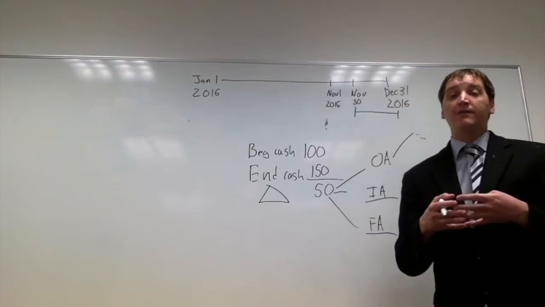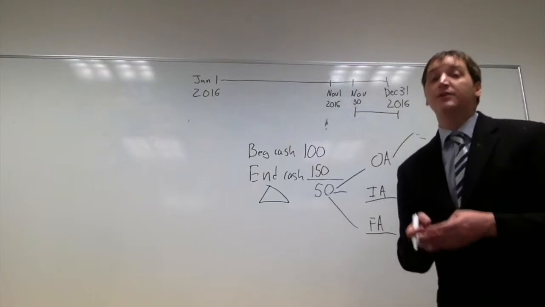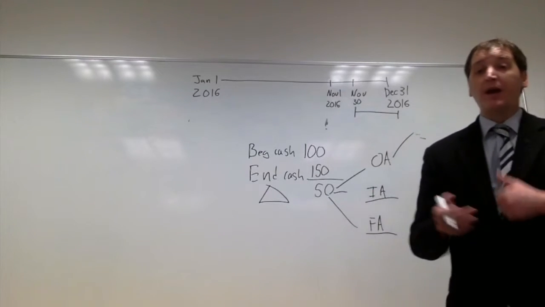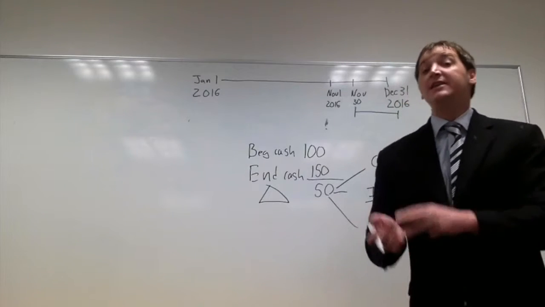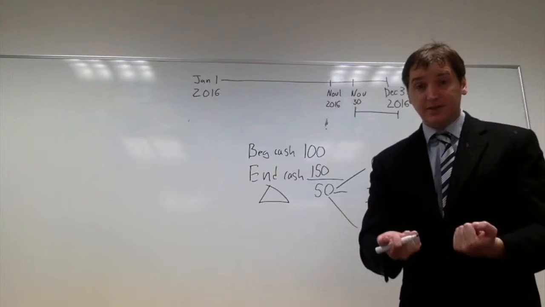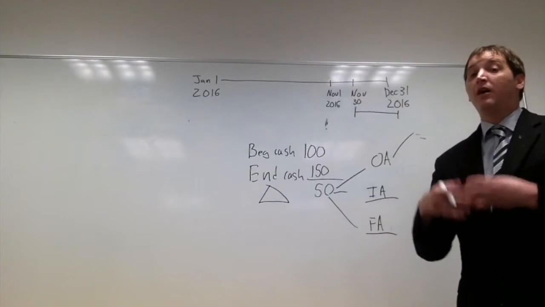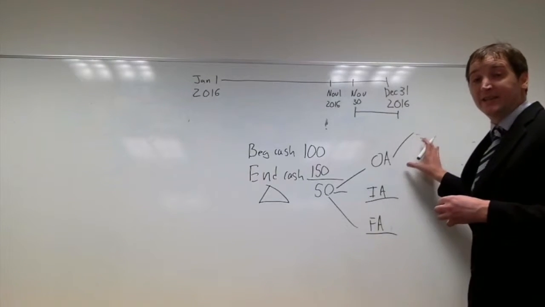So it includes all of the things that are part of a company's normal course of operations. So this includes things like accounts receivable, accounts payable, taxes payable, dividends receivable, cost of goods sold, inventory. All of these things, cash coming from these things are all part of your operating activities.